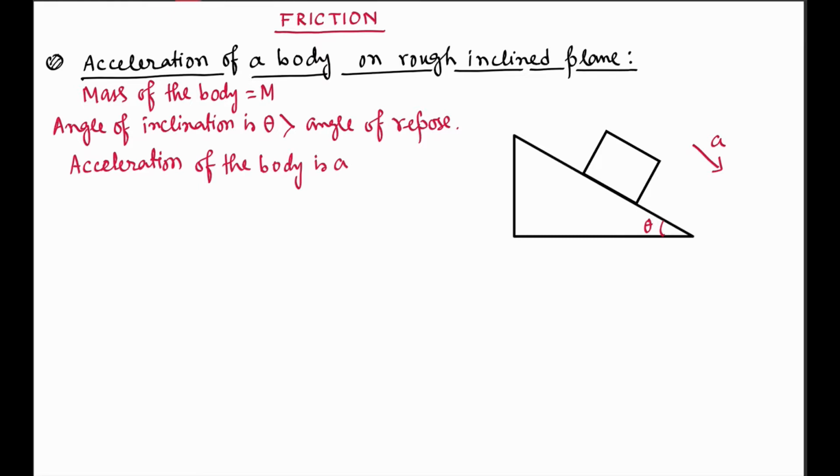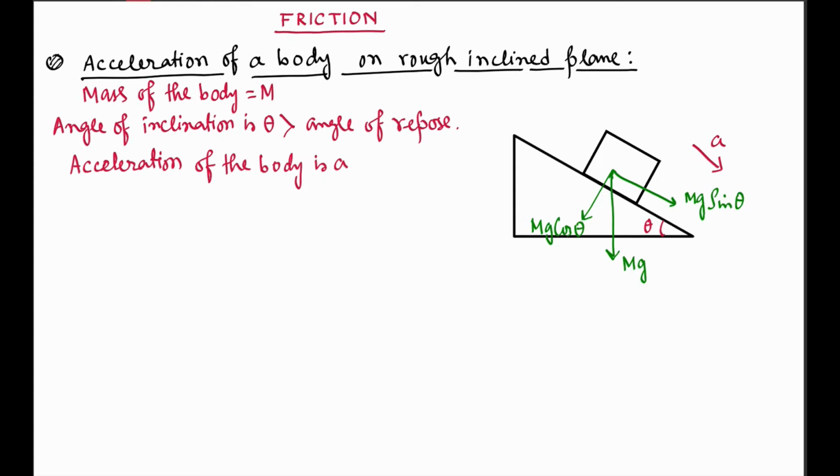The weight of the body, that is mg, acts downward, vertical to the ground. Now, if we resolve that weight along the inclined plane and perpendicular to the inclined plane, then along the inclination the component of weight is mg sin theta, and perpendicular to the inclined plane it is mg cos theta.